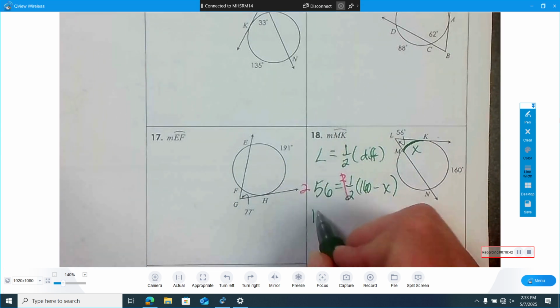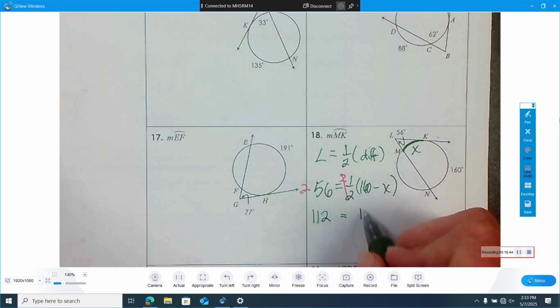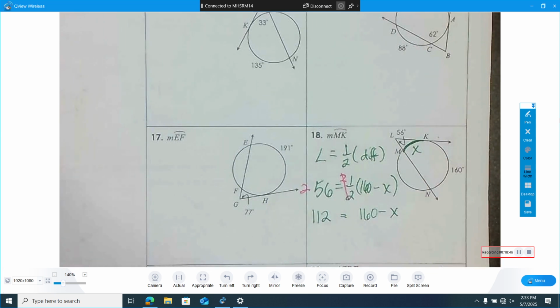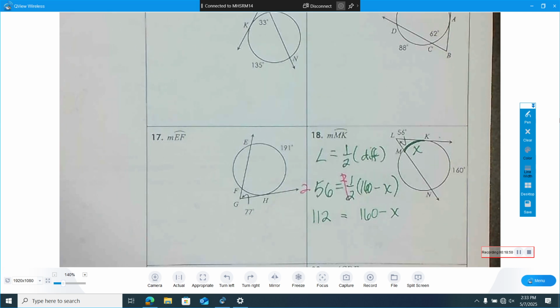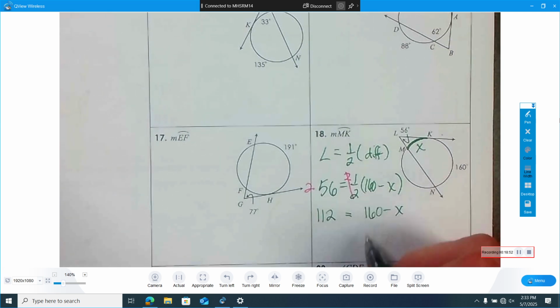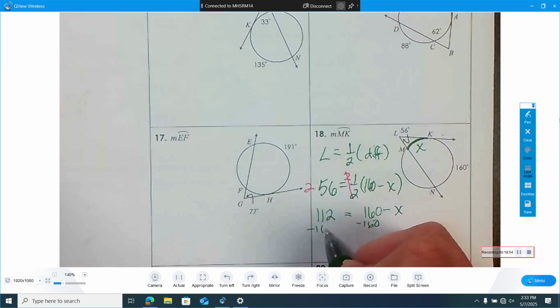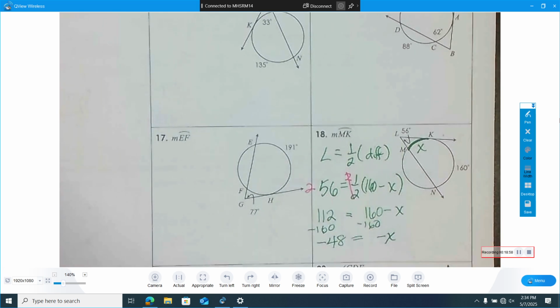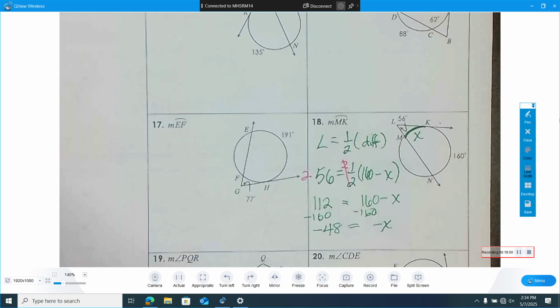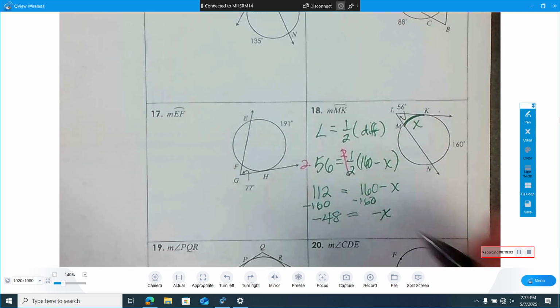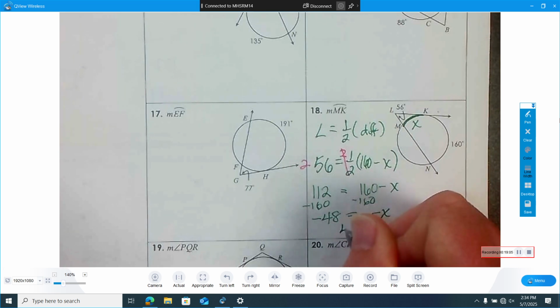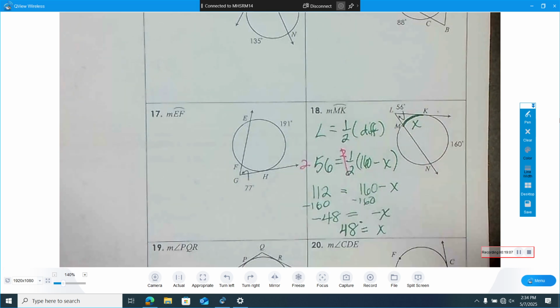So what is that? 112 equals 160 minus x. And then what do you want to do? Subtract 160. That gives me negative 48 equals a negative x. And then what do we need to do? Divide by negative 1. Good. So we get x equals positive 48 degrees.